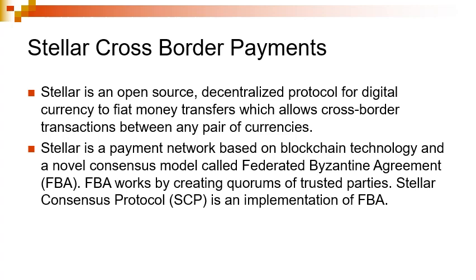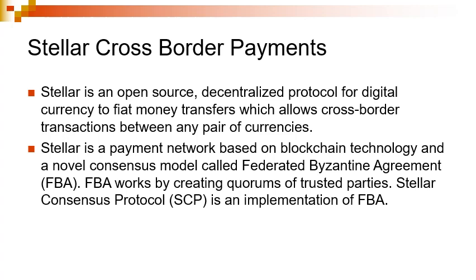Then another blockchain enabled solution for cross-border payments is Stellar. Stellar is also an open source decentralized protocol for digital currency to fiat money transfers, which allows cross-border transactions between any pair of currencies.